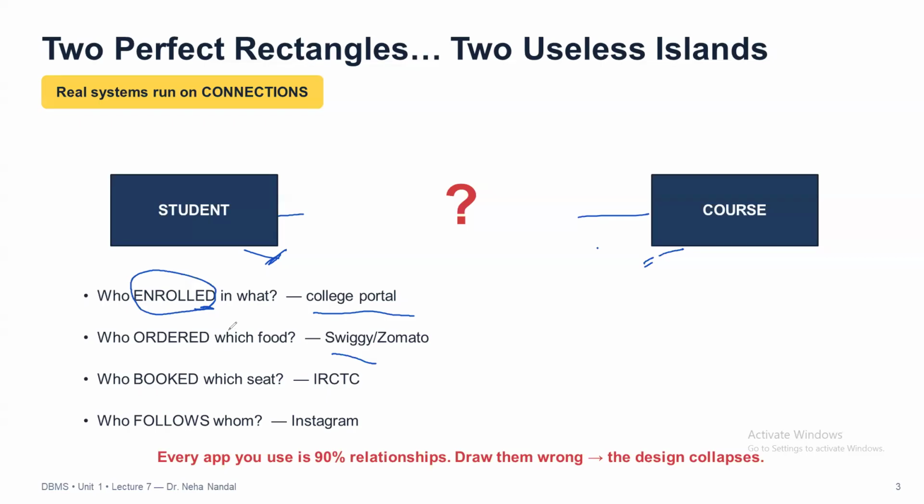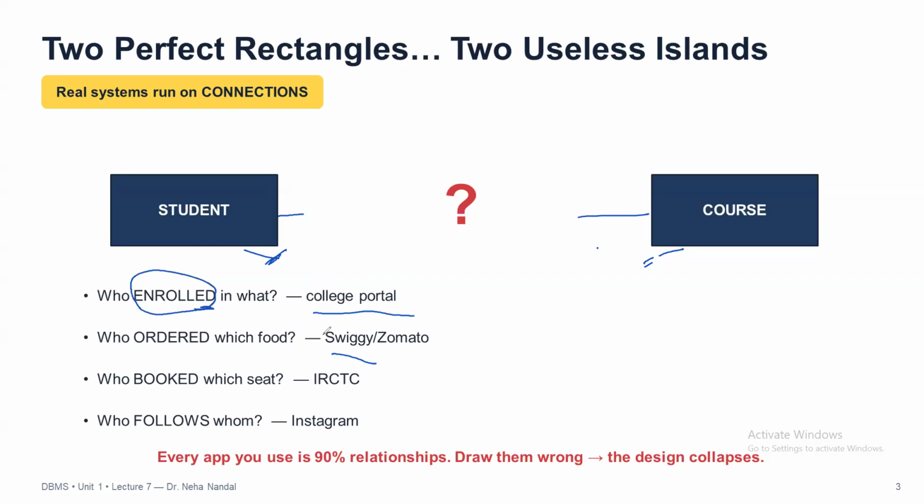These are questions that come to our mind and which help to develop relationships. What is the relationship in this application? What are you doing in this application? Next, you can think of the IRCTC app. Who booked which seat? Instagram, who follows whom? Every single one of these shows a relationship between some entity sets.